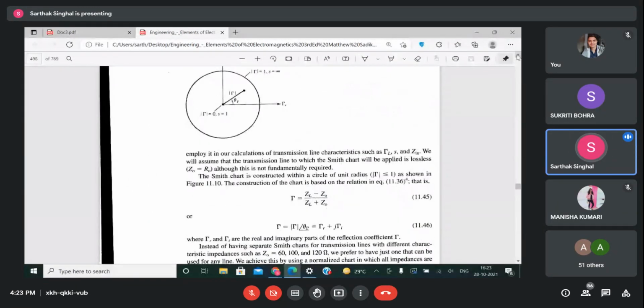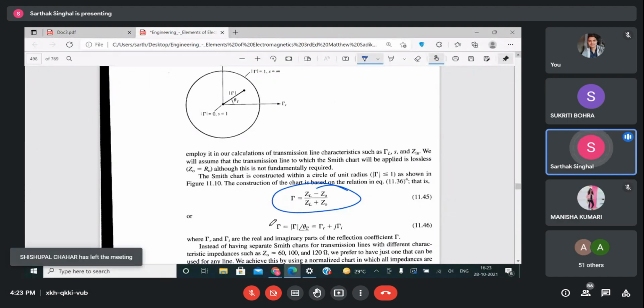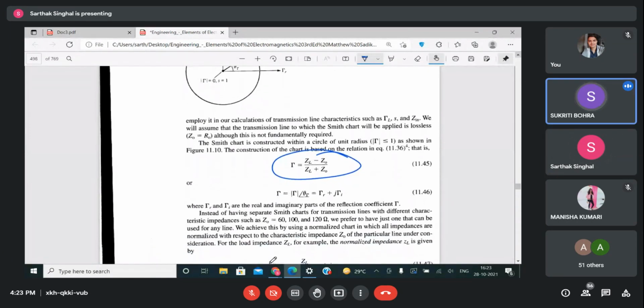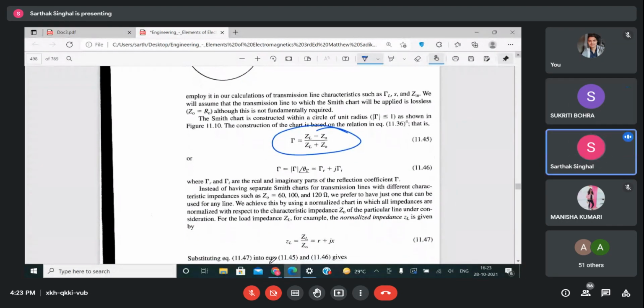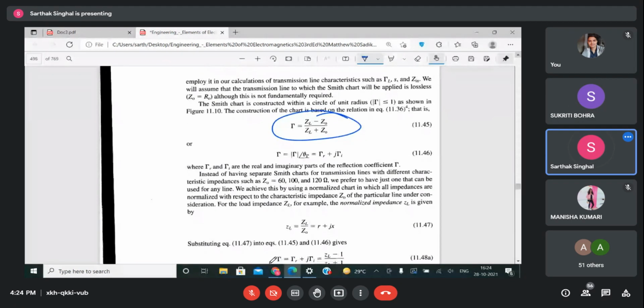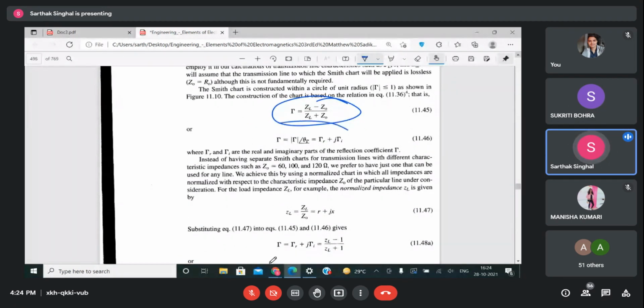We know this relationship, and we also know that ZL is not always a real number, right? So this reflection coefficient will be a complex number. It may be a complex number. So this will be the format. Am I right?